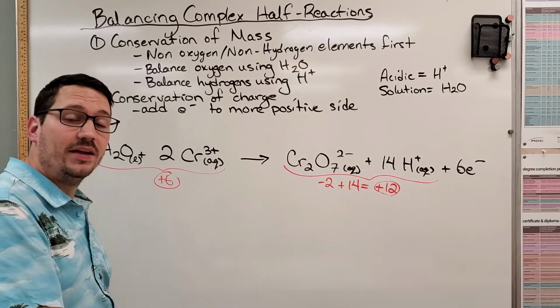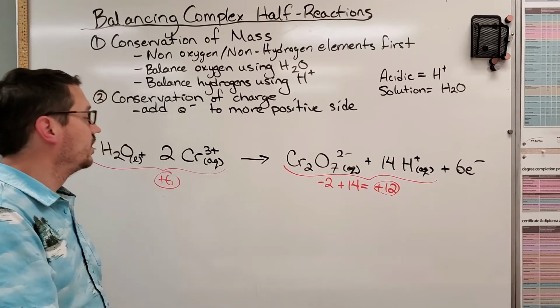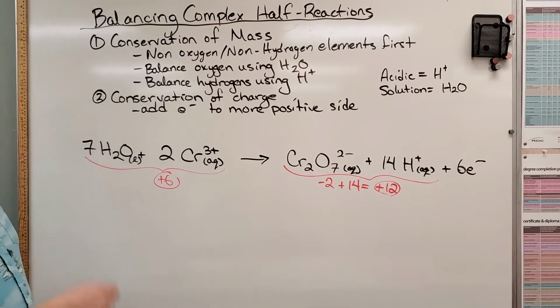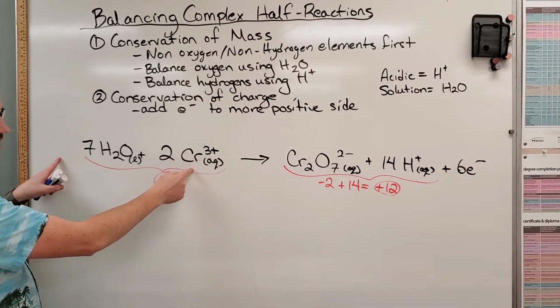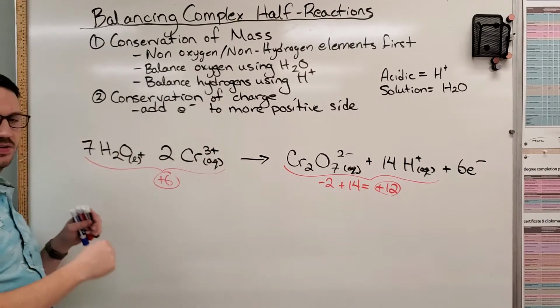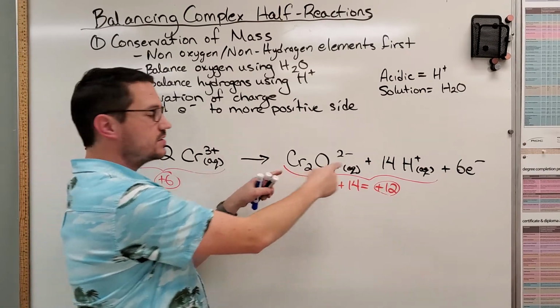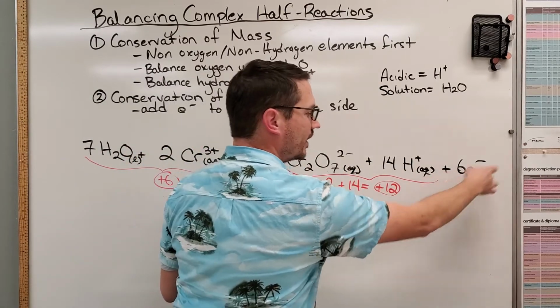Let's try and figure out if this is an oxidation or a reduction half reaction. I'm not gaining any electrons. Electrons are not on the reactant side. Nothing that I'm starting with is reacting with electrons, but we're producing something and we're giving away electrons.